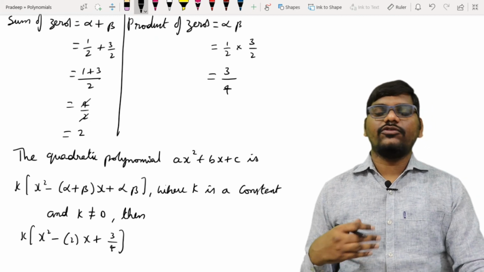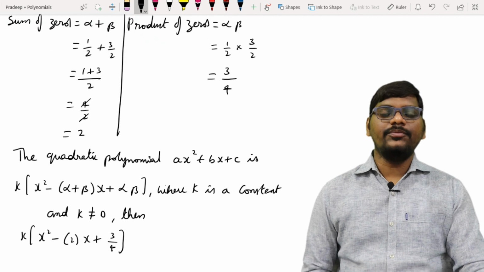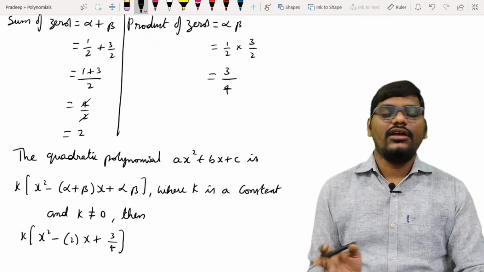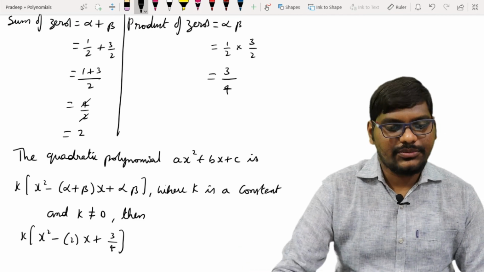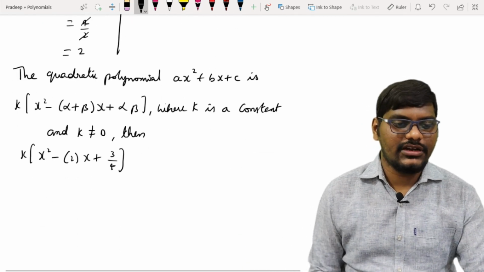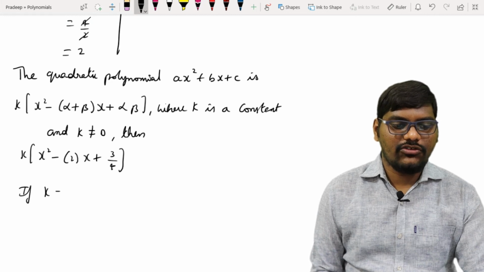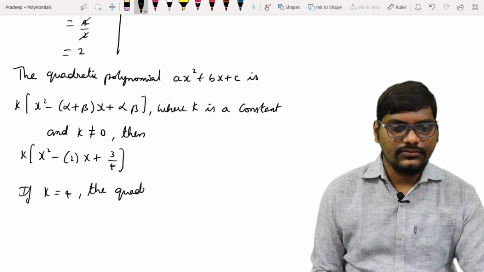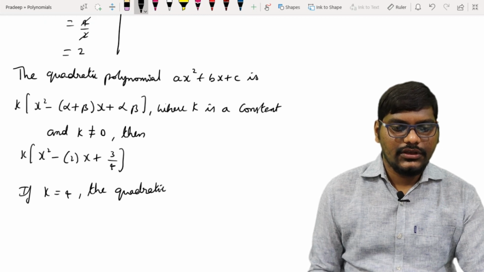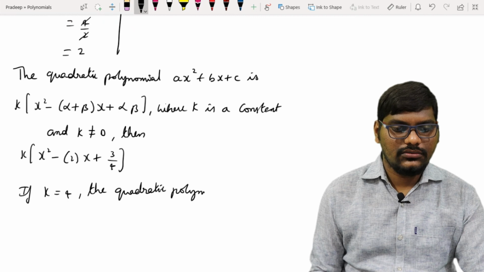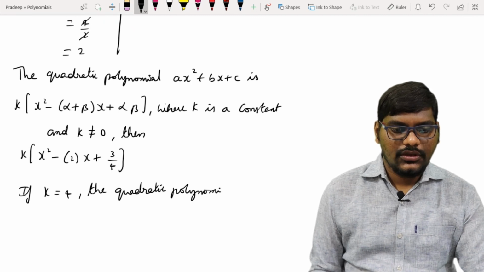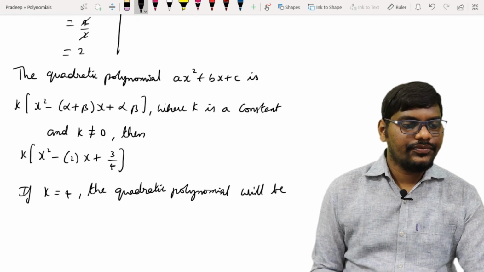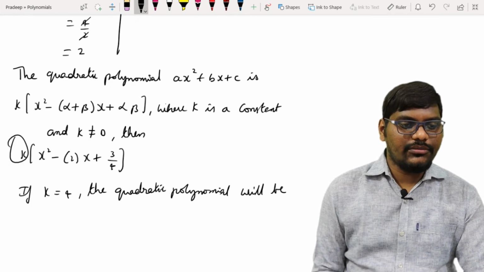You can observe there is 4 as the denominator in the expression. So I just take the k value as 4 so that we can cancel that 4. Then we'll get the simple expression or the polynomial. So if k is equal to 4, the quadratic polynomial will be what? In the place of k, I'm just substituting 4.